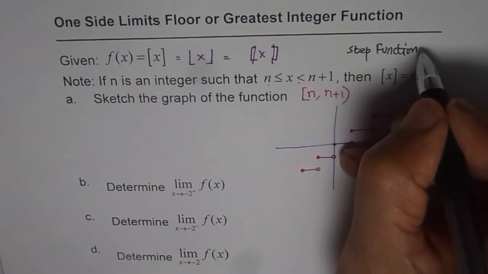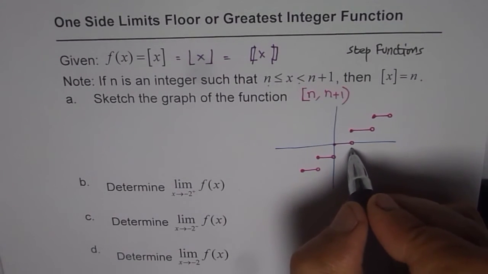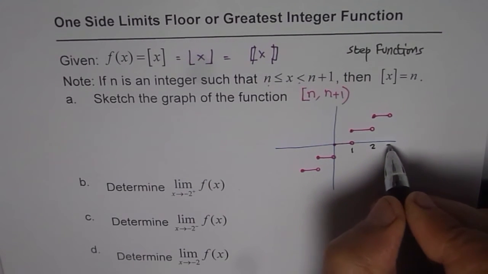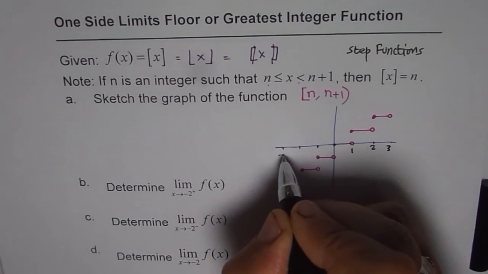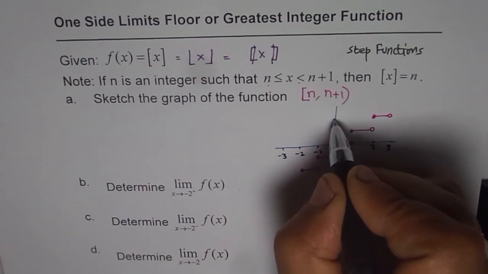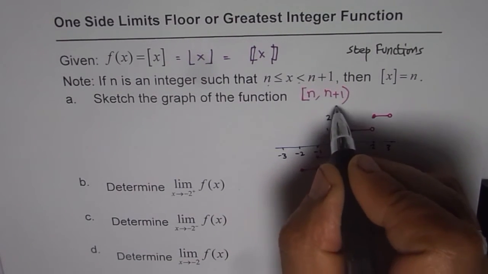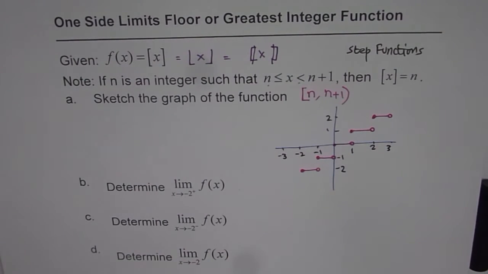These are three popular names for this function. Now let me label it. We have 1, 2, 3 on the x-axis, minus 1, minus 2, minus 3. And on the y-axis, we have 1, 2, and so on, minus 1, minus 2.